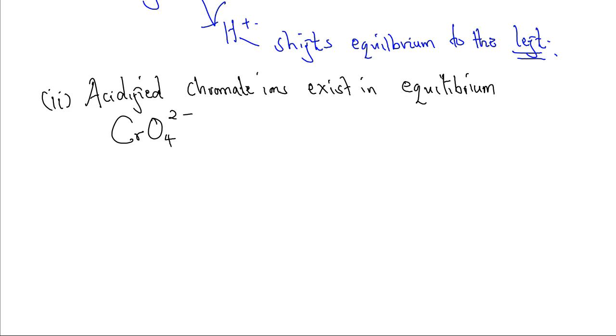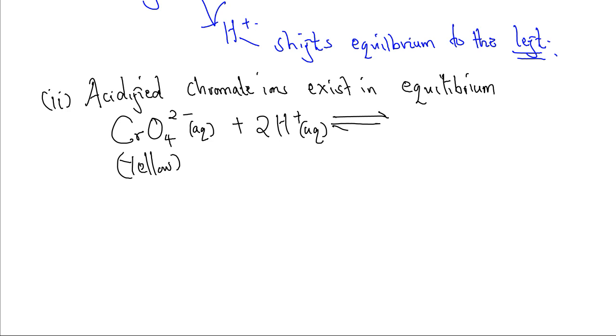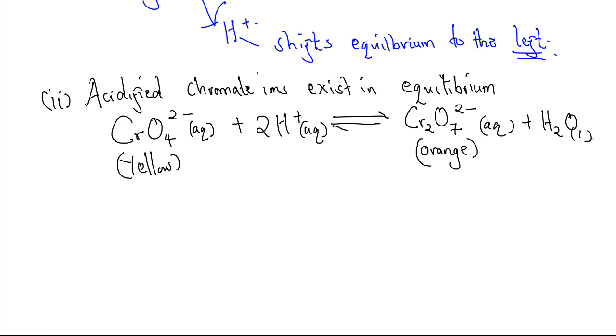So that is chromate ion, that is yellow, plus 2 hydrogen ions, and that is the system at equilibrium, giving dichromate ion, that is orange, plus water.